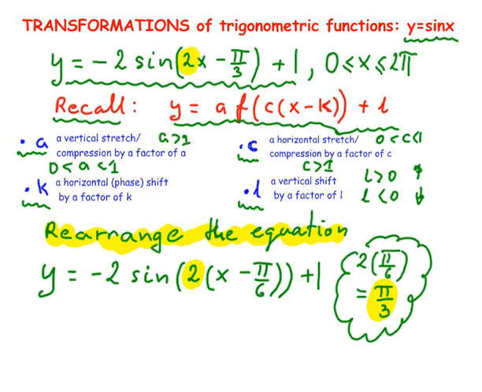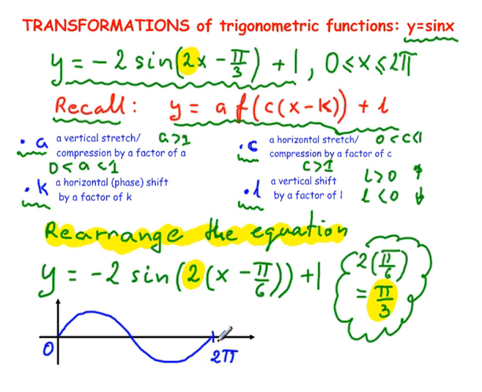Also, let's recall the graph for sine x. This is the little x and y axis here. The original graph, sine x, will look somewhat like that, where the wave is completed on the interval 0 to 2 pi. In this case the period of that function is 2 pi.